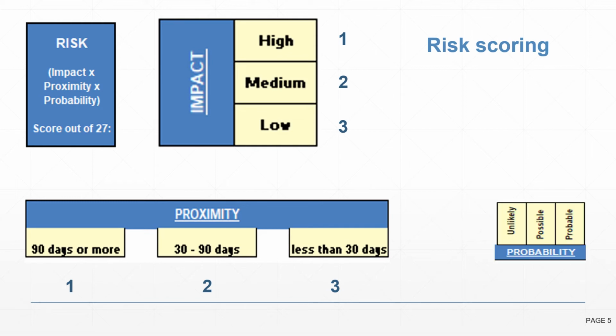And then we had the probability. So probability, if it was unlikely, it was a scoring of 1. If it was possible, it was a scoring of 2. And if it was probable, it was a scoring of 3.